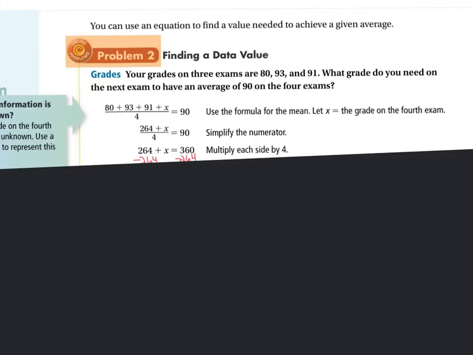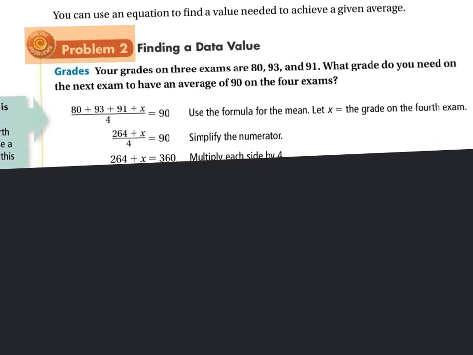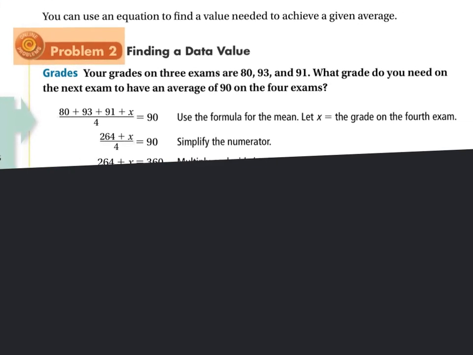Look at problem 2. They're talking about finding a data value, so finding something in order to get a certain average. So in problem 2, it says we have these 3 grades on our exams. What grade do you need on the next exam to have an average of 90 for the 4 exams?